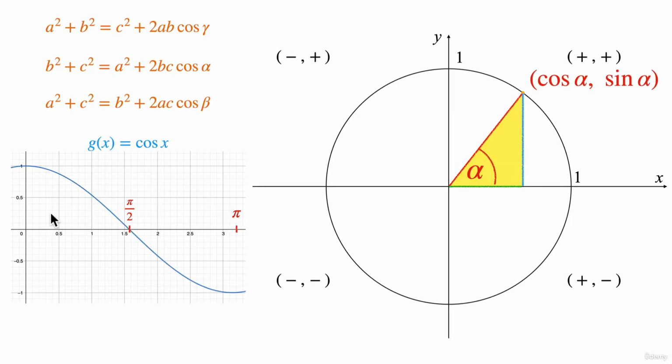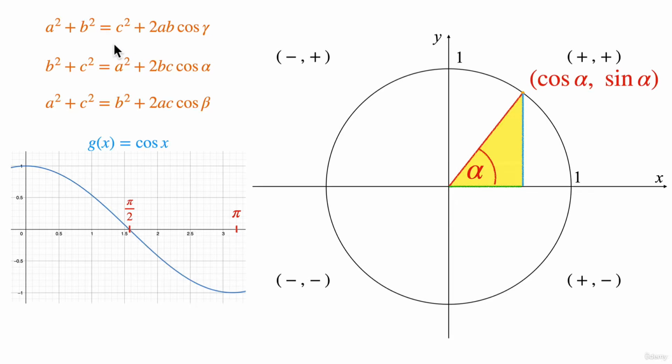So let's have a look at this case where the angle, let's say gamma, is acute. So the cosine then is positive. So this means that a squared plus b squared is equal to c squared plus something positive. This means that c squared is actually less than a squared plus b squared.